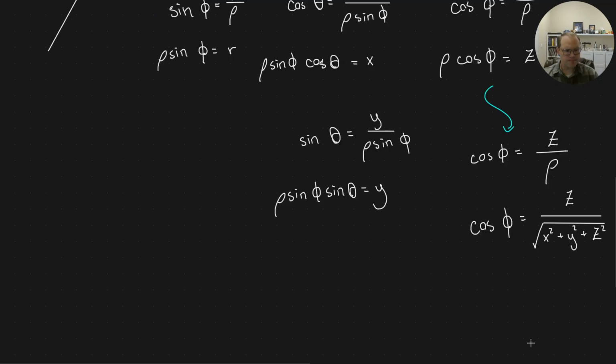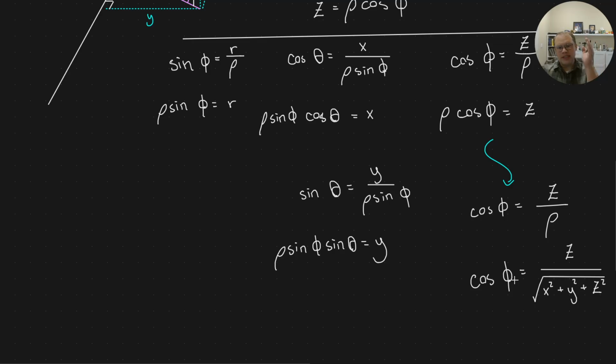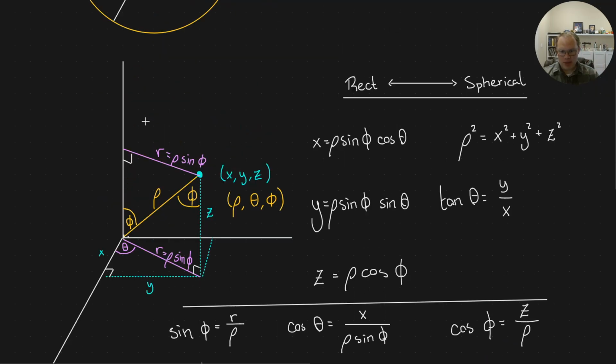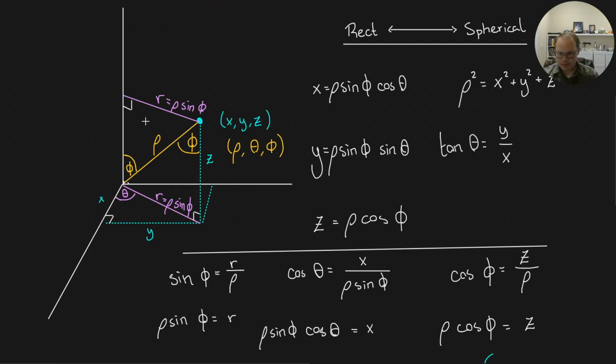Okay. And then the phi we usually choose will be between 0 and pi. Let me explain that. Angle theta here, we want it to go all the way around.